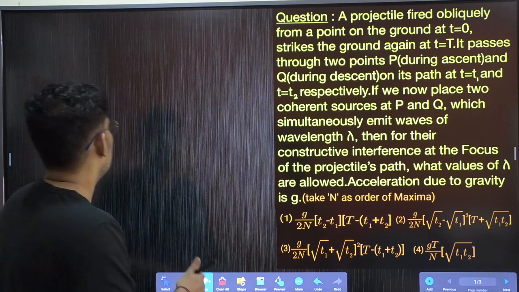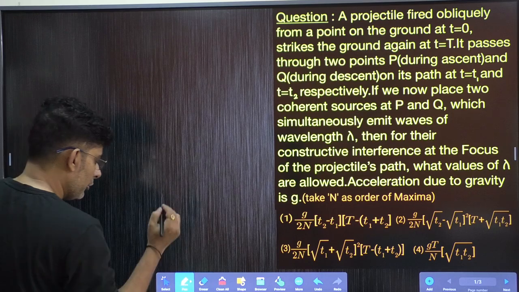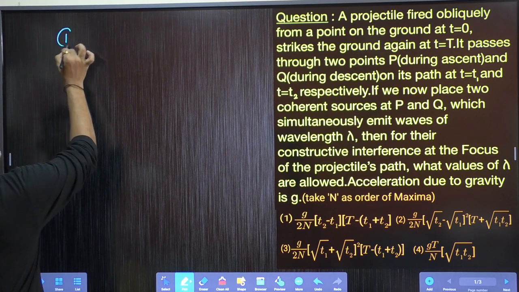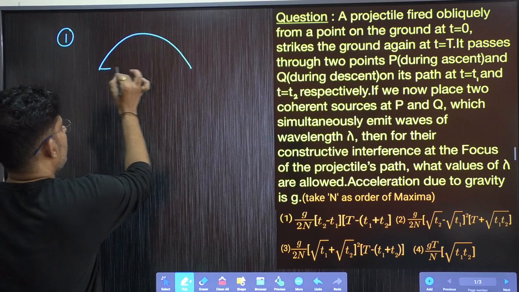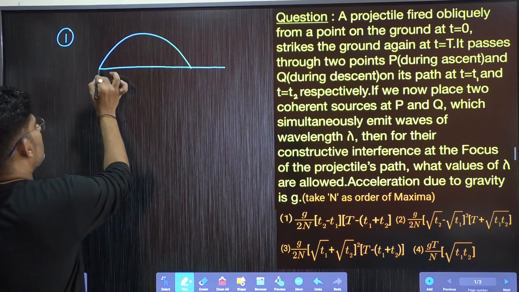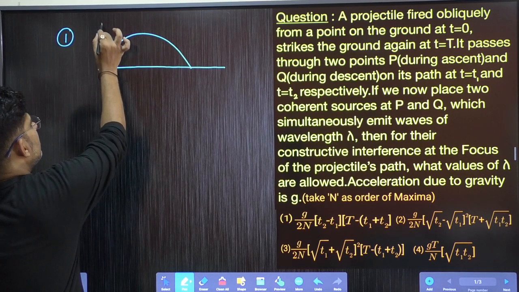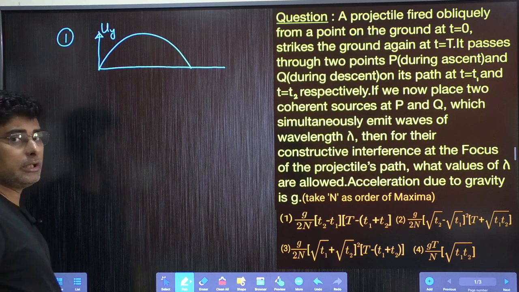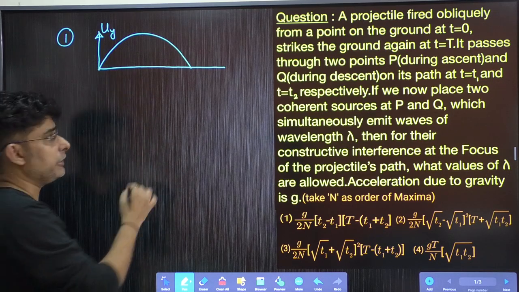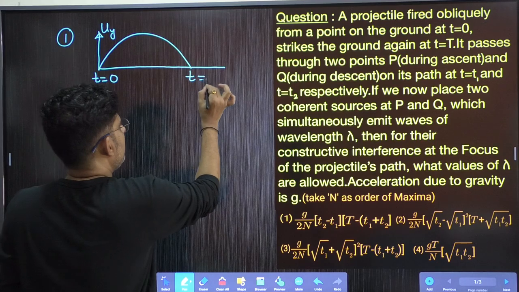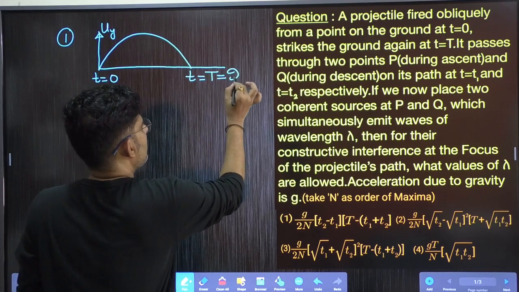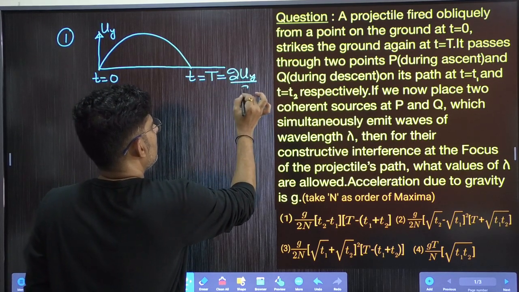Let's start. So first of all, I'll quickly state the three concepts that we are using. First, projectile motion, which you all should be aware of: if we have a parabolic path of a projectile and take the vertical as the y-axis, uy being the initial velocity y component, then t equals to 0 is the firing time, and t equals to capital T, the time of flight, is given as 2uy by g, right?